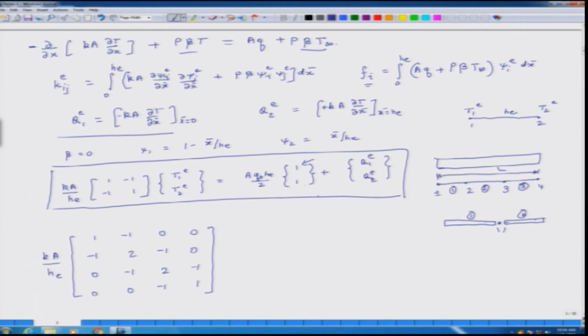So, this is my global stiffness matrix, a global K matrix, multiplied by T1, T2, and so on, these are my global degrees of freedom which are not known, and this equals a vector attributable to distributed heat load.